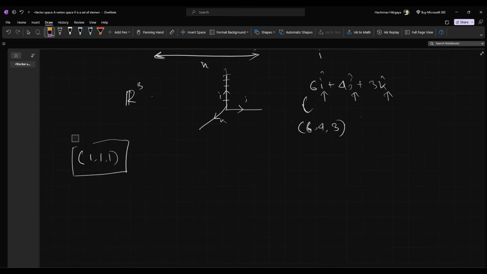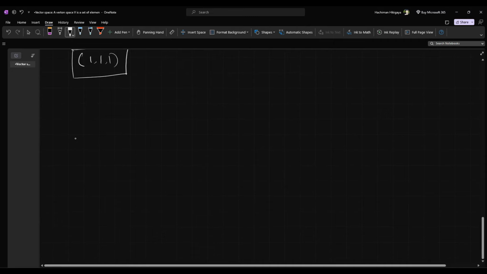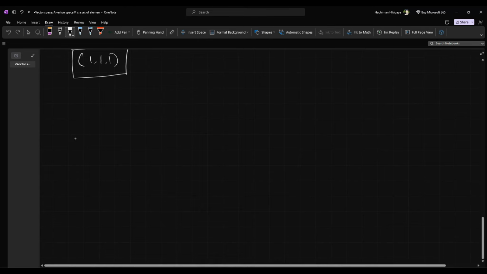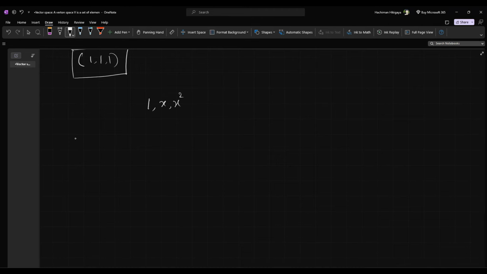So what I was saying before, the set of all polynomials of degree 3 constitutes a vector space, and the list 1, x, x squared, x cubed acts as a basis of that vector space. Let's take an arbitrary polynomial, say 1 plus 5x plus 3x squared.